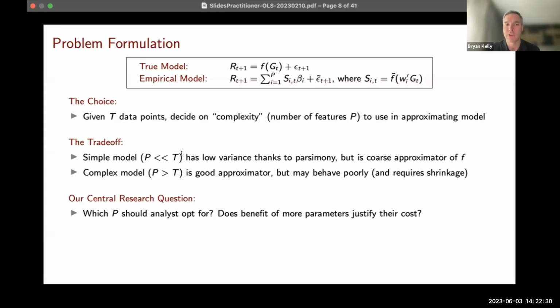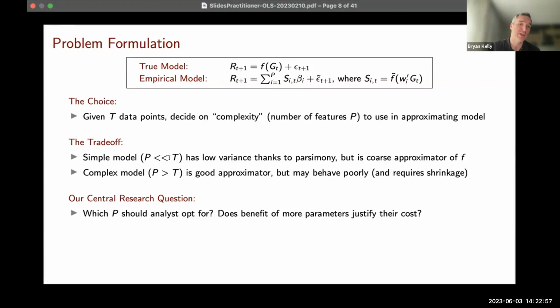I have enough observations to build efficient low variance estimates of each of the parameters, and that's going to give me low variance forecasts when I go out of sample. That's an attractive feature. But of course, there's a cost to using such a simple model. It's not going to be a very good approximator. If I only have a small number of terms in this approximating function, it's going to be a coarse approximation.